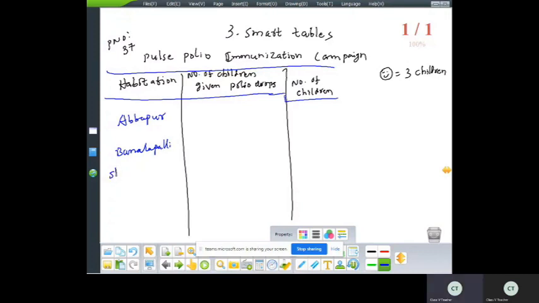Third one is Sriramlapalli. Last one is Ramachandrunipalli.